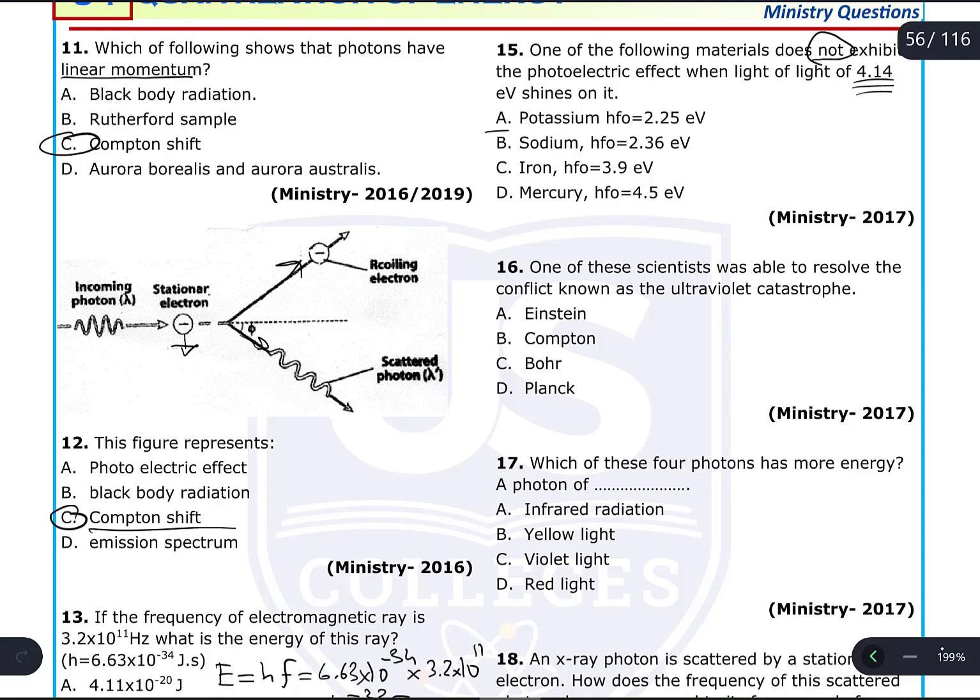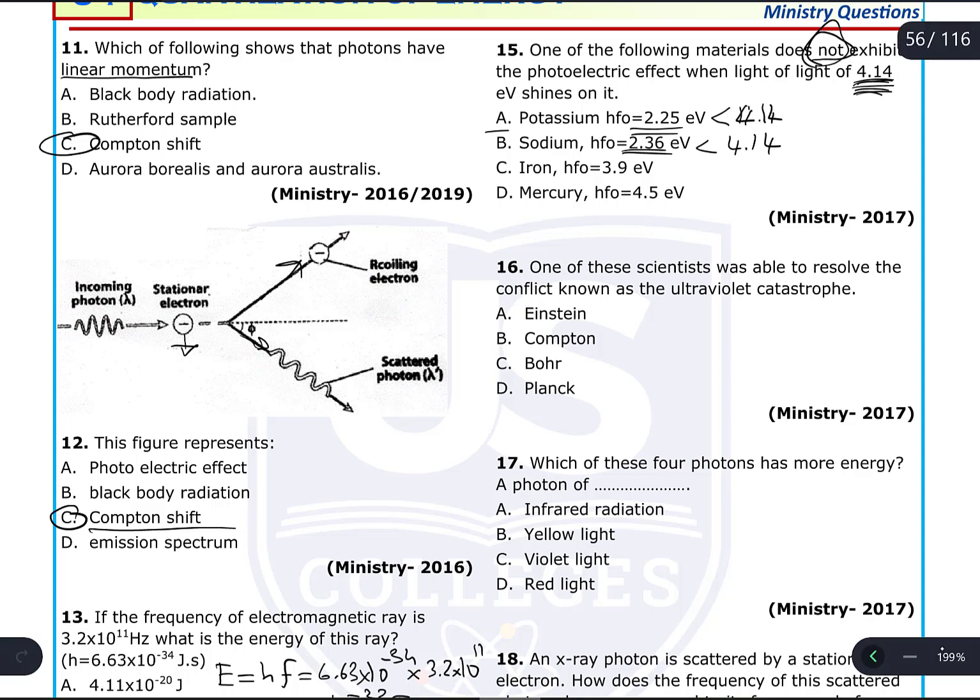So A, work function is 2.25. It is less than 4.14. So that's why the photoelectric effect is observed. This is positive, so this cannot be the answer. 2.36 is less than 4.14, so we can observe the photoelectric effect.